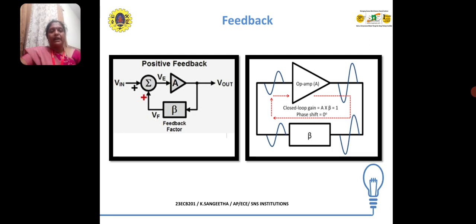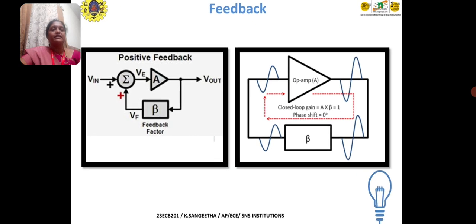In positive feedback the input signal and the feedback signal are added and the output is in phase with the input signal. Whereas in negative feedback, the input signal and the feedback signal are subtracted and the output waveform is out of phase with the input signal.